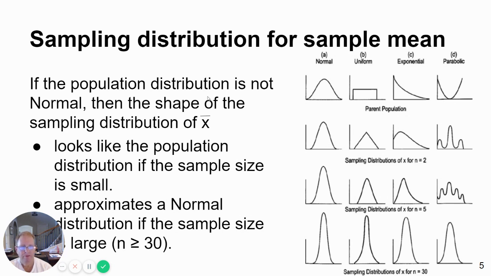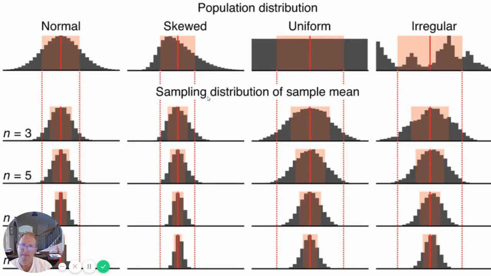You can see that if the sample size is small, say n equals 2, the sampling distribution kind of looks like the parent population. But as the sample size gets larger, down to n equals 30, then my sampling distribution is approximately normal. Here's another graph that shows about the same thing. I'm going to skip it for now.